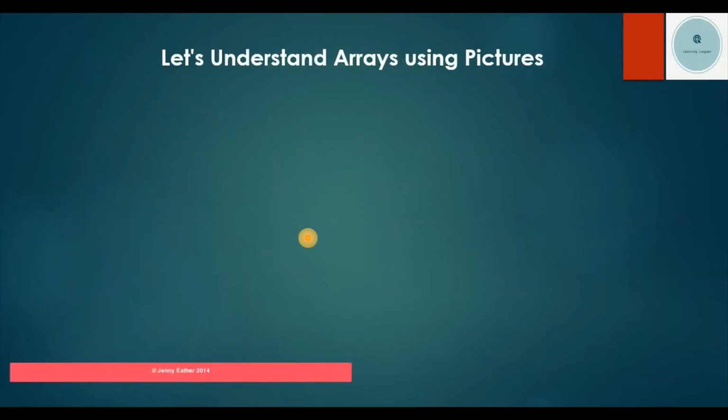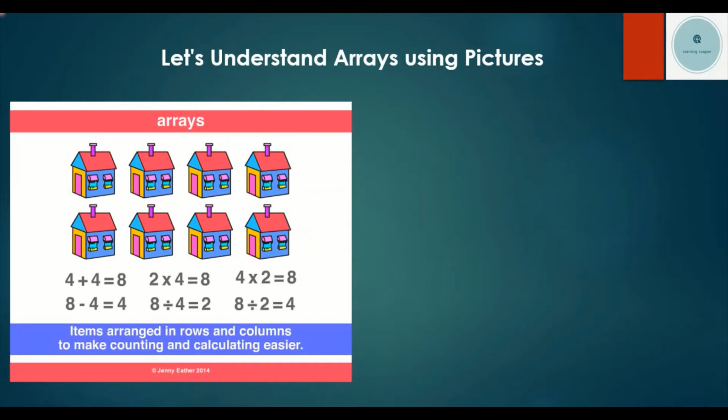We will try to understand arrays using a picture before going into depth. In the first figure, what can you see? Yes, you can see some small houses. If you clearly observe, all the houses are of the same type, even in terms of color and size, everything matches.